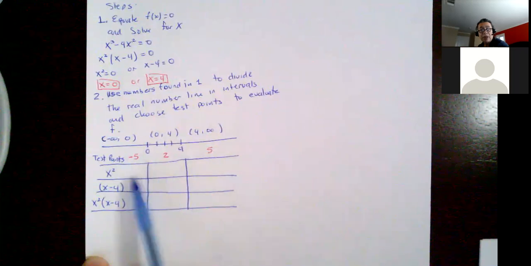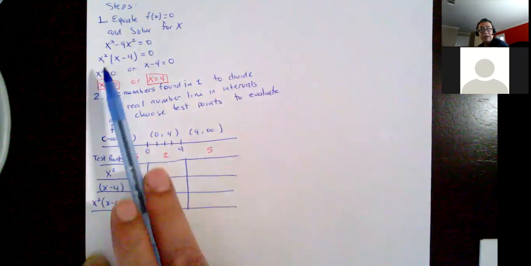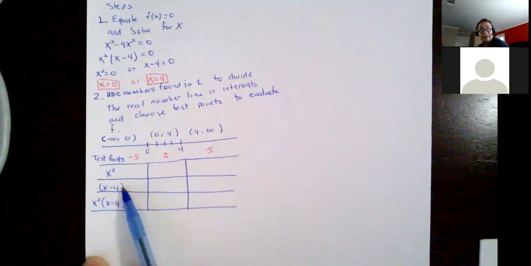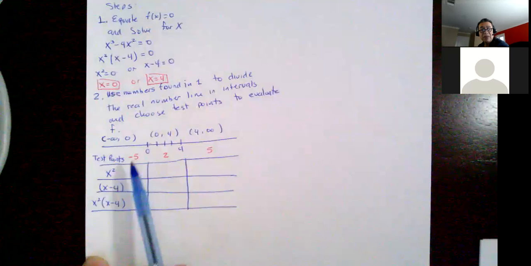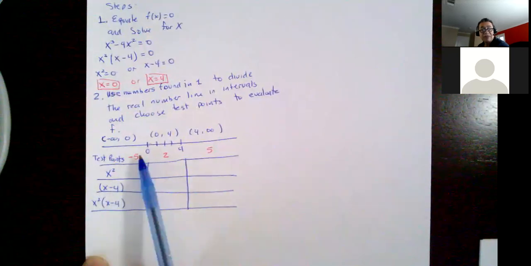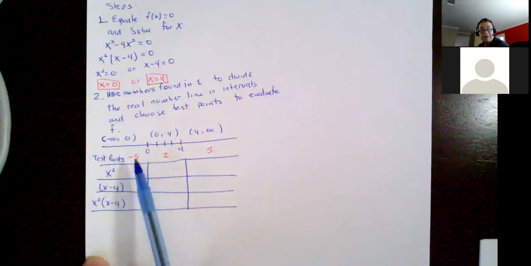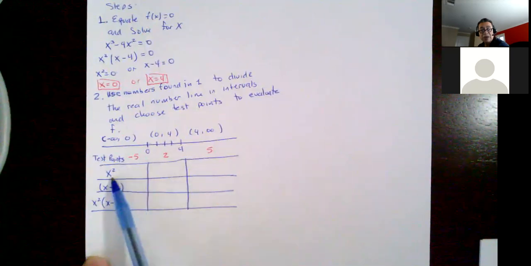Then I write the factors again. X squared comes from x squared here, and x minus 4 comes from x minus 4 right here. We want to plug in the value and see what sign we get. Let's do it together. If we plug in -5 into x squared, what would be the sign?